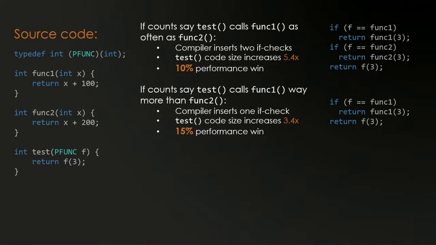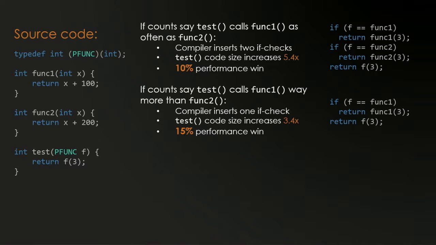So you run your code, and the profile counts tell you that every single time you've called test, you're really calling func1. Does that actually mean there is no possible code path where you could ever call func2? The compiler is not necessarily able to prove that in this particular case. If the compiler is able to tell that func2 exists absolutely nowhere in your program, yeah, we'll do that without even profile counts. We'll absolutely do stuff like that.